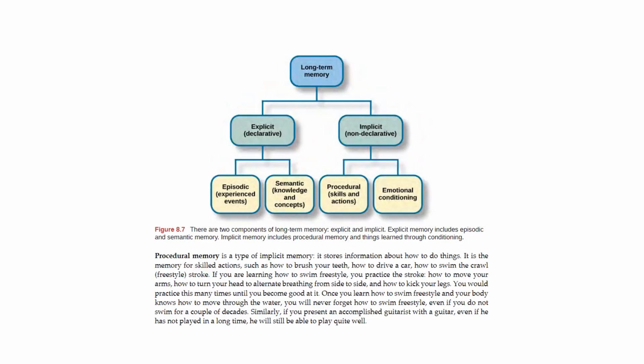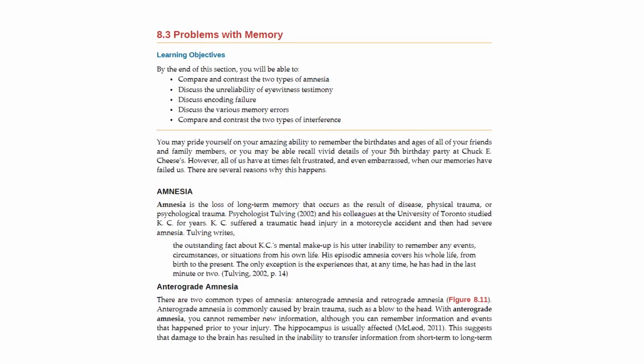Implicit memories often do not use words and are harder to actually place into words. Classic example here is, how would you describe to somebody how you ride a bicycle? Notice how there's not really words for that, but you certainly know how to do it, and that is an example of implicit memory.